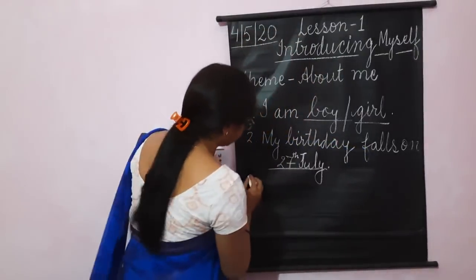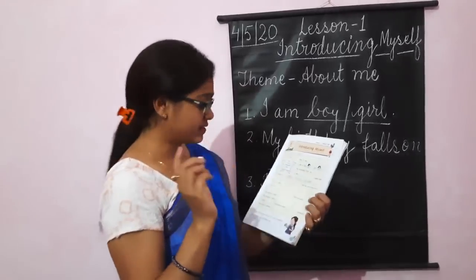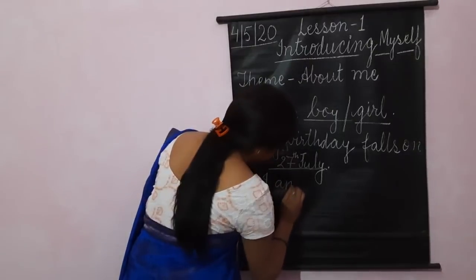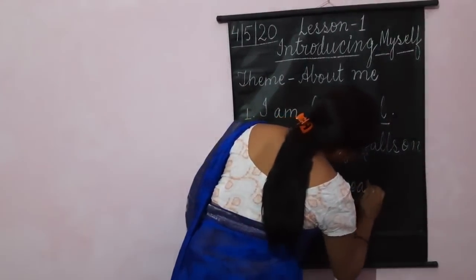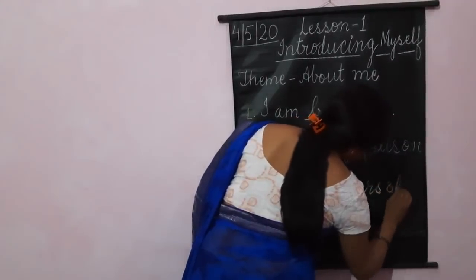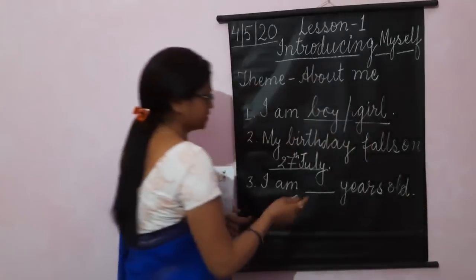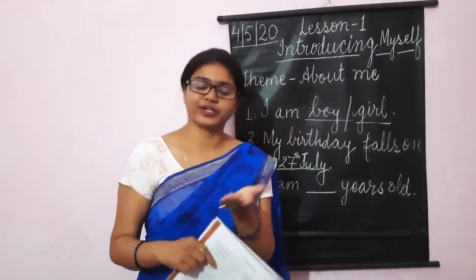So in the third line, in the introduction, you will say, "I am dash years old." I'm going to write my year, so you will write your year.